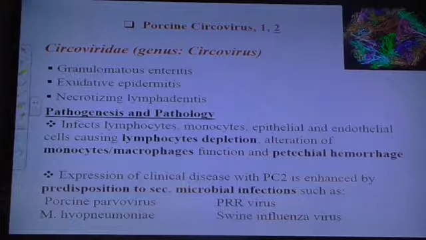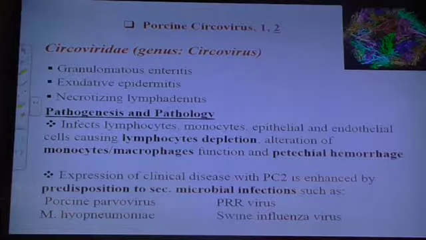In fact, the severity of the disease is due to the predisposition of pigs to these particular pathogens. What are they? Porcine parvovirus, mycoplasma, porcine reproductive and respiratory syndrome virus, and swine influenza virus.